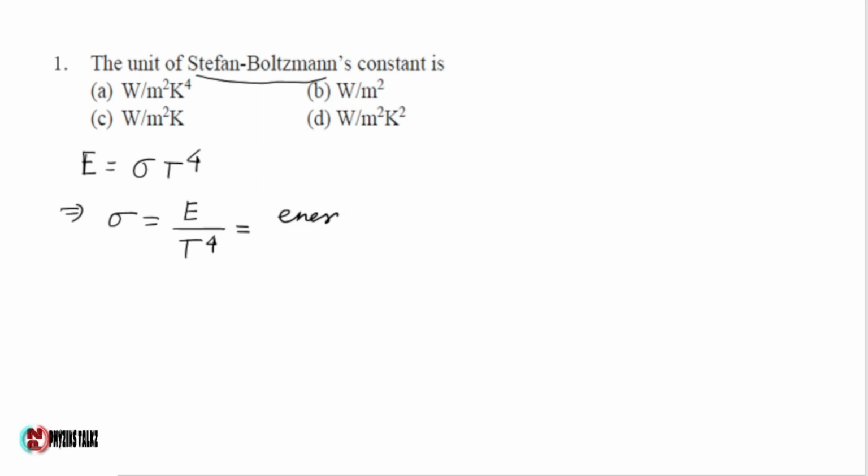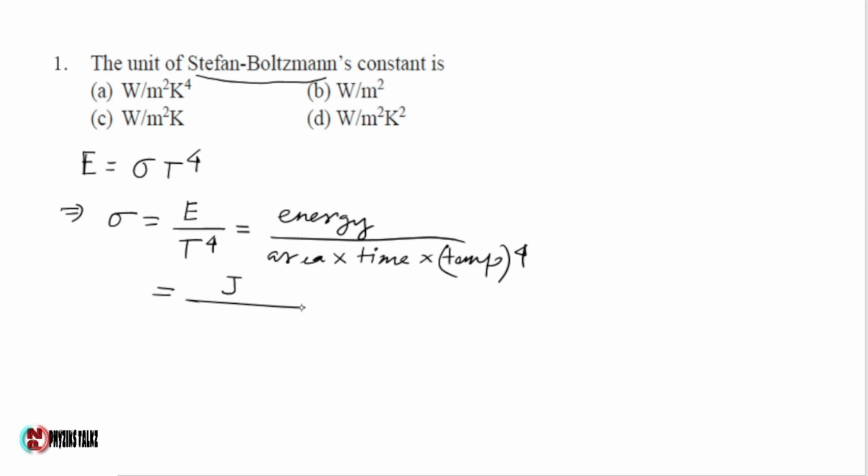energy by area into time into temperature to the power 4, which gives the unit joule per meter square into second Kelvin to the power 4.